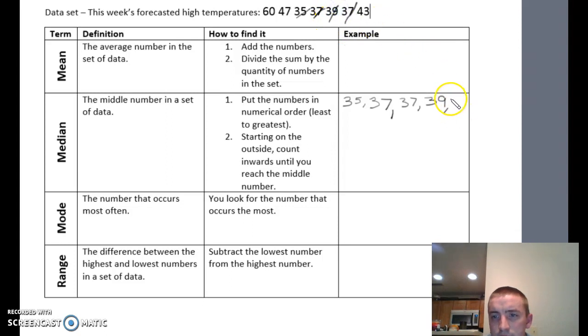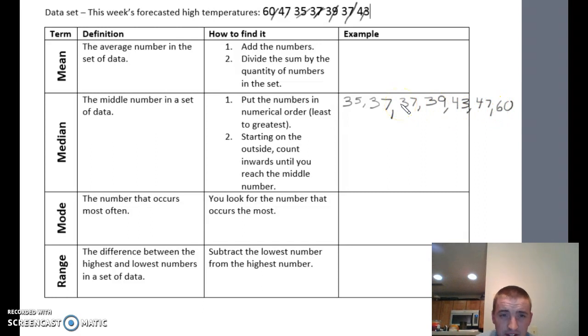Nine. 43. 47. And 60. 1, 2, 3, 4, 5, 6, 7. All right, I got them all.